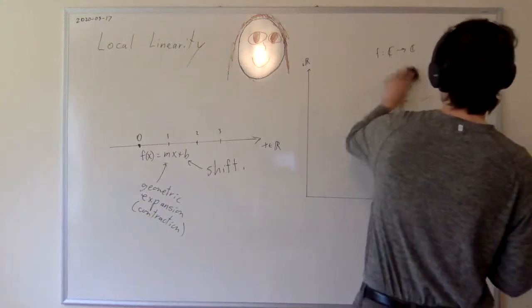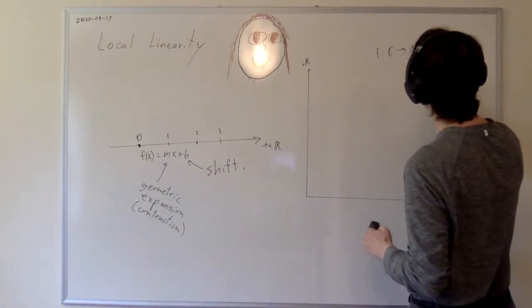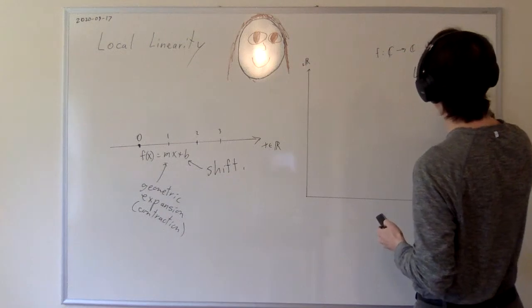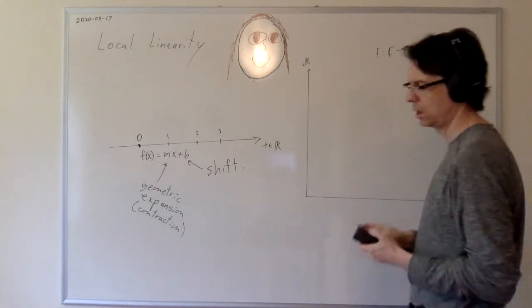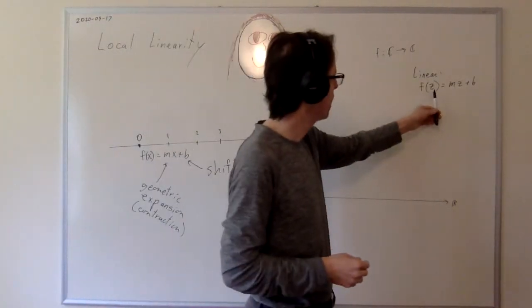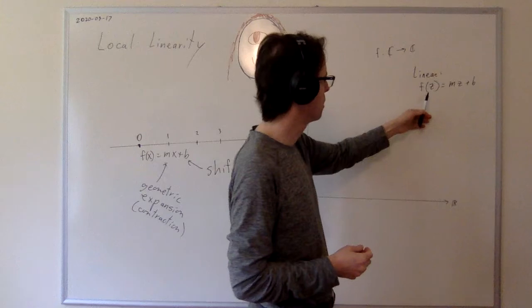Well, if we have a linear function, then again we have f of z equals mz plus b. Now, here I'm using z instead of x for a complex variable, but it doesn't really make much difference.